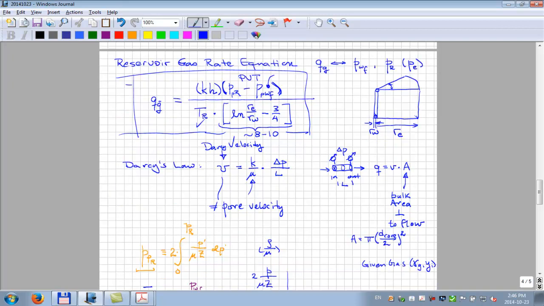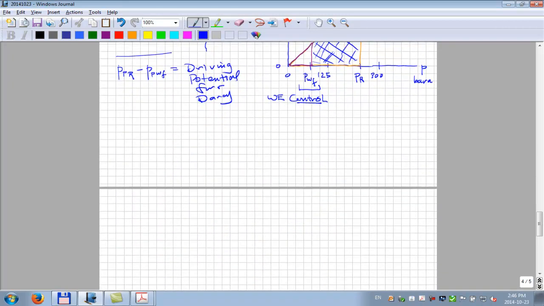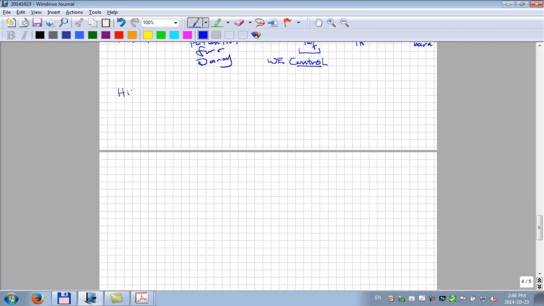So I'm going to give a little history lesson. Before the 1960s, almost all gas reservoirs were less than 150 bar.